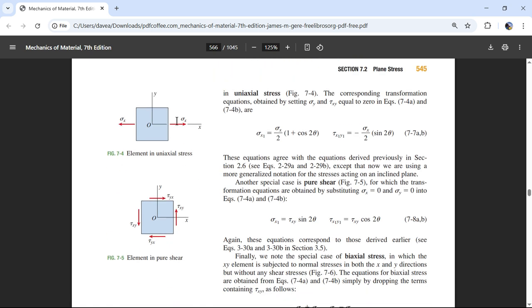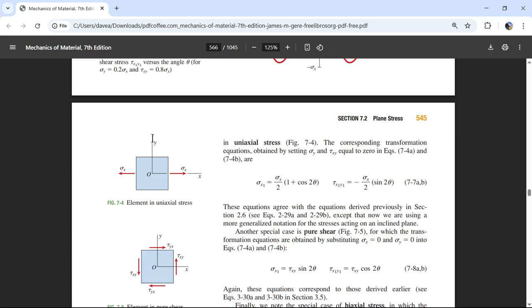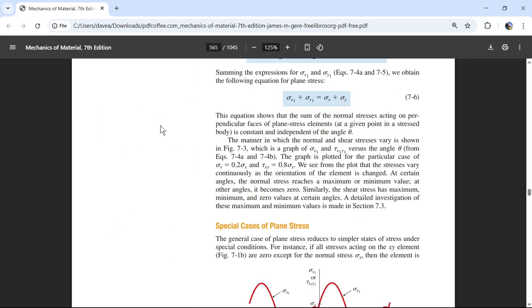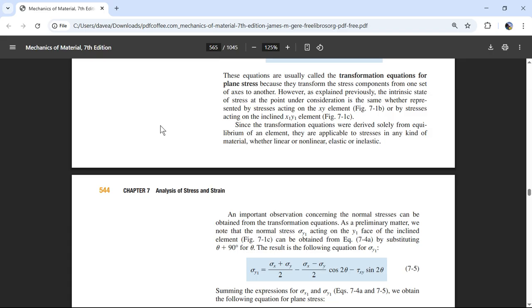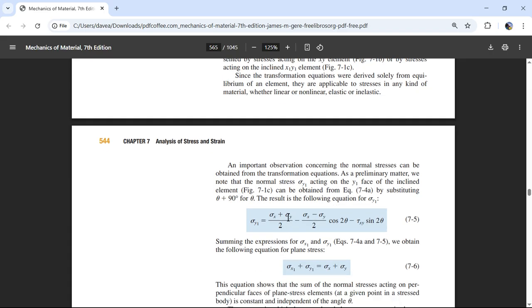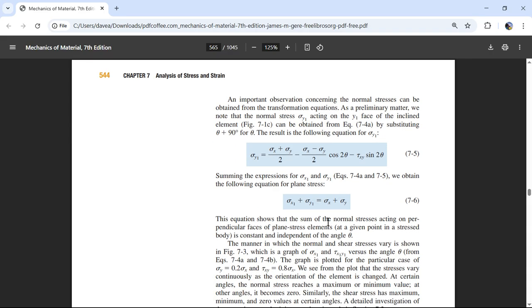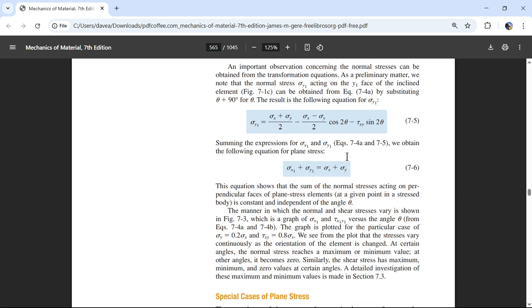Because then they're going to show you uniaxial stress. Well, that's the same equation, except we don't have any sigma y. So we come up to this equation, and you get rid of sigma y. Then your sigma x's cancel. No. Sorry about that. Because you have this component. So you have half a sigma x, minus half a sigma x cosine 2 theta. And if you don't have any shear, then that's kind of what you have.